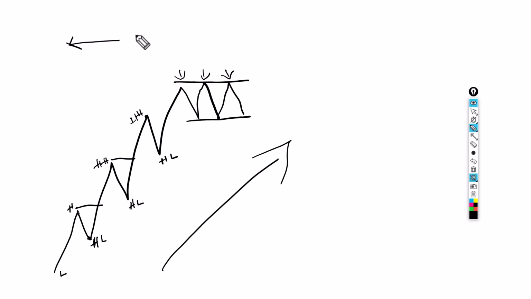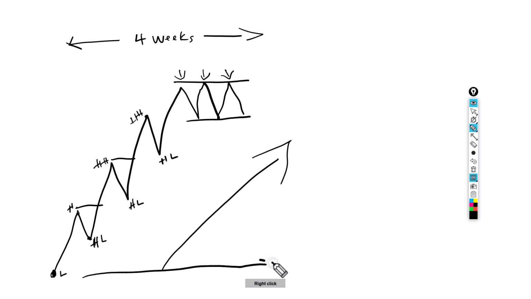Let's say all of this price action took 4 weeks. Let's say this is the 4-hour chart. At the beginning of this 4-week period, price was all the way down here. And just for simplicity, let's say we are using the GBP USD currency pair, and this price level was 180.00, just to keep it at a round number.